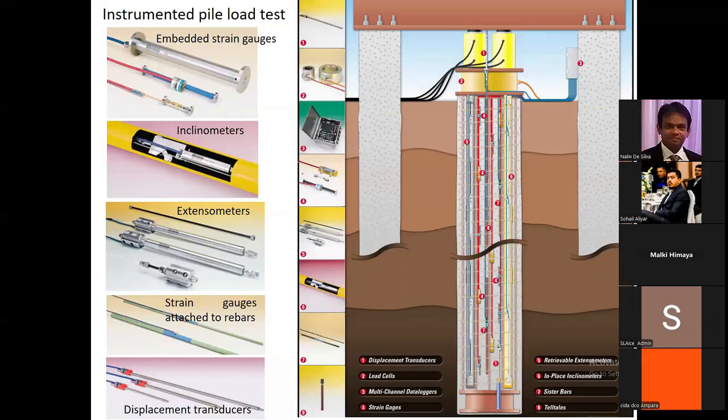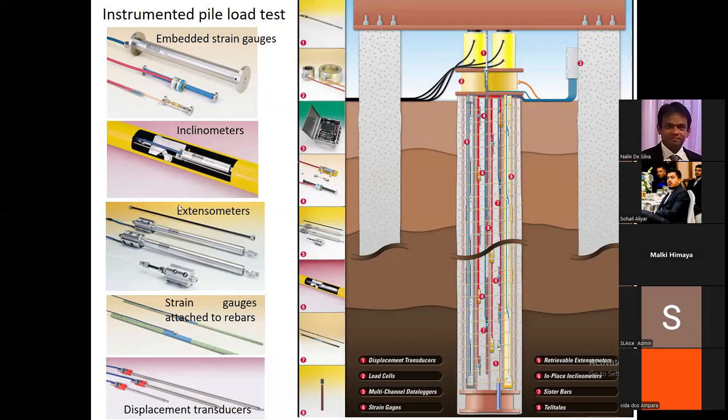So if you know the strain difference, you can calculate the force difference. That force difference indicates the mobilized skin friction. So by conducting an instrumented pile load test, you can get the skin friction mobilized along the pile.